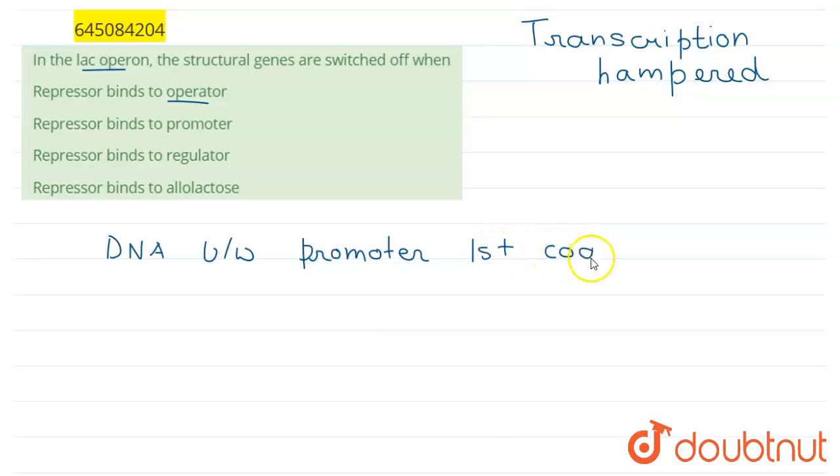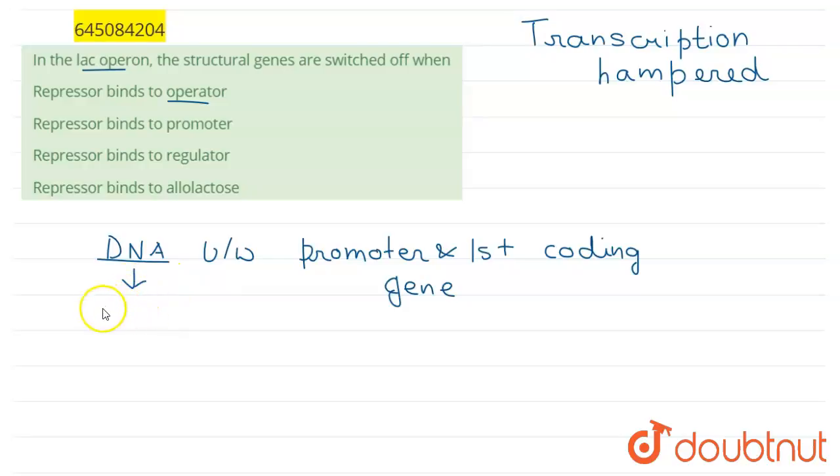Both these help in transcription, but the DNA sequence which acts as an operator is present between the promoter and the first coding gene, and that is why the repressor protein binding site serves this DNA, and thus it prevents the RNA polymerase at the promoter site.